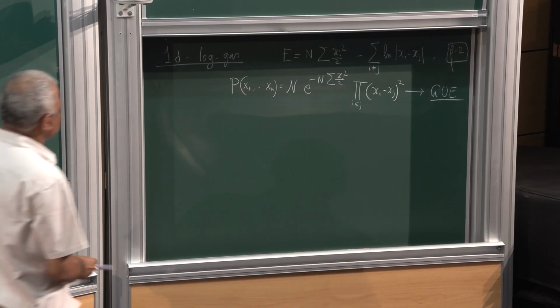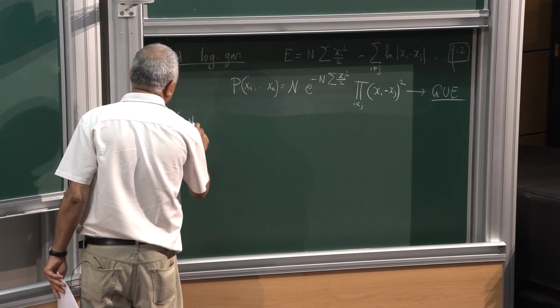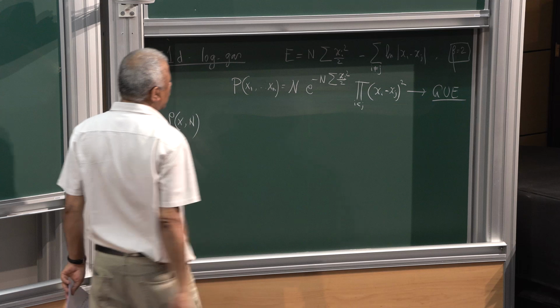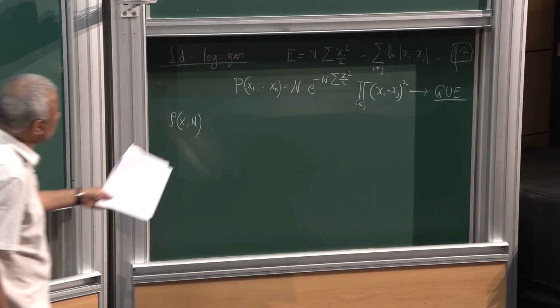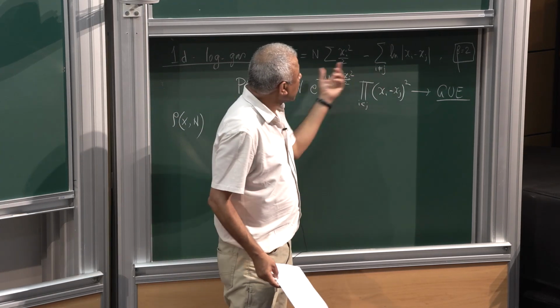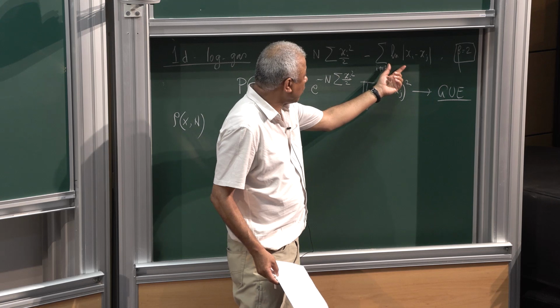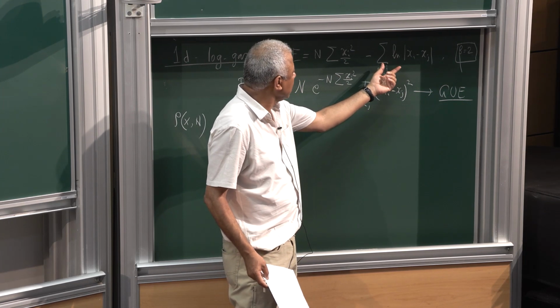So for this case, if you calculate the rho xn, and again I'm using the same rescaling as Sylvia did, multiplying by a factor n so that both terms are of the same order. This is a pairwise interaction, so this is a term of order n times n minus 1, or order n squared for large n.